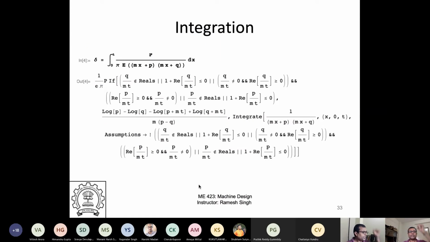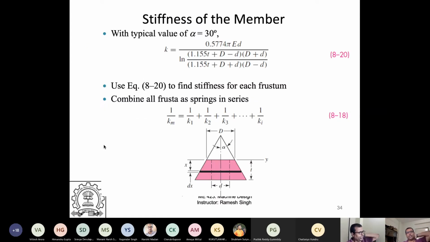So now what we have to do is, if alpha is 30 degrees, we can find out the stiffness value. And you can combine all these frustra from top to bottom. If it is symmetric, it's very easy.